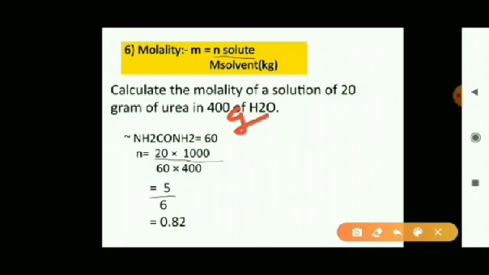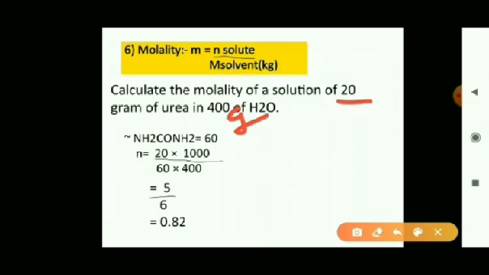Here 20 gram of urea is given, and we got the molecular weight of urea as 60.